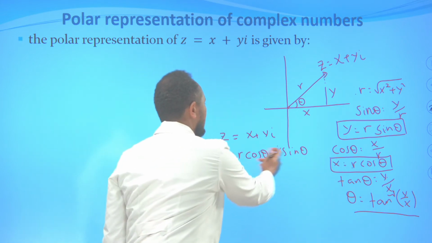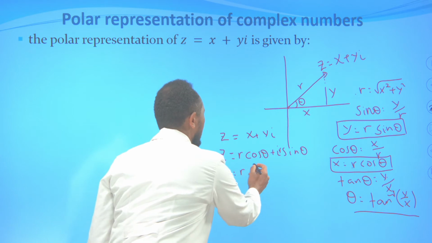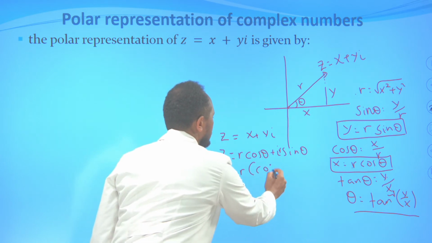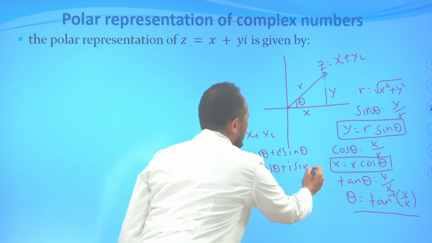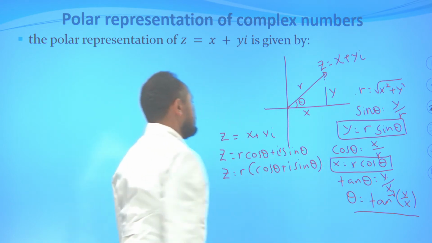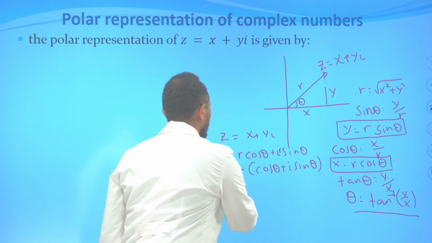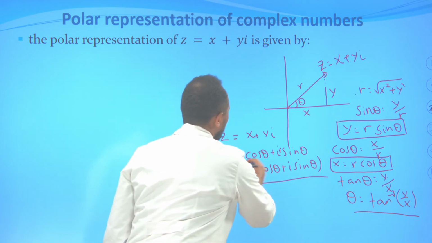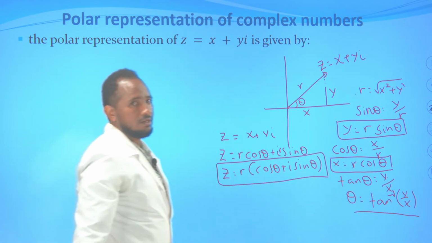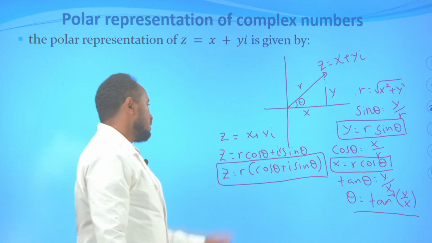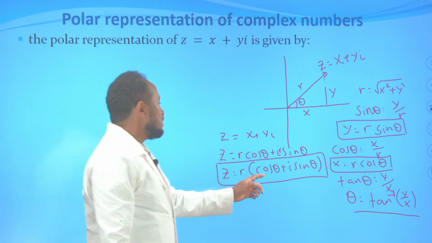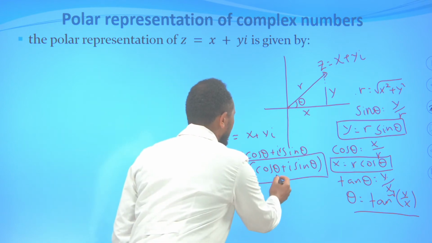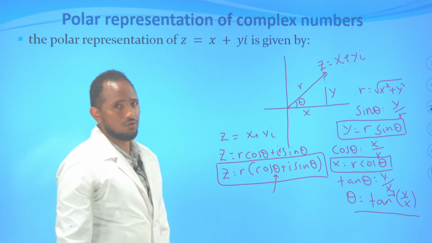Taking r as common, you get r into cosine of theta plus i sine theta. So this is the polar representation of a complex number, where r is the modulus of the given complex number, and we call theta an argument of z.